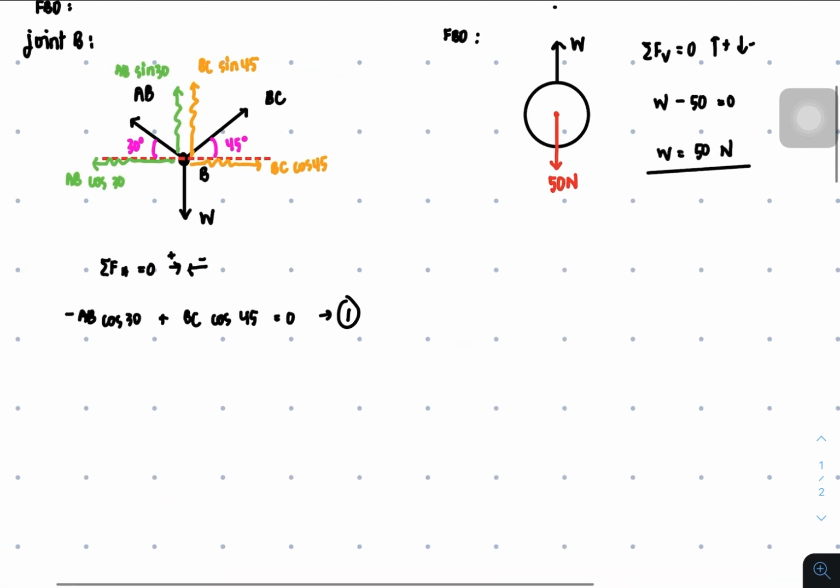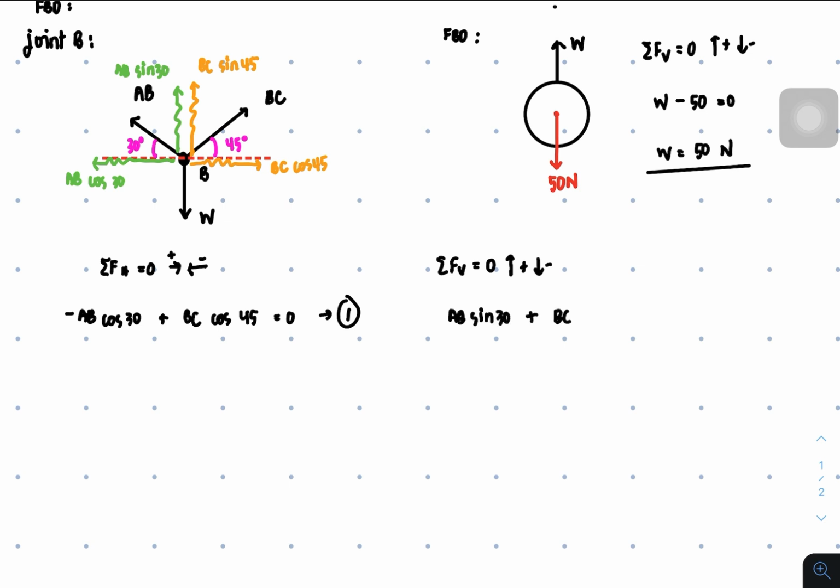Next equation we can get from summation of forces vertical equal to 0. So upward positive, downward negative. What are the forces vertical? You have AB sine of 30, plus BC sine of 45, and then minus W, and that's equal to 0.